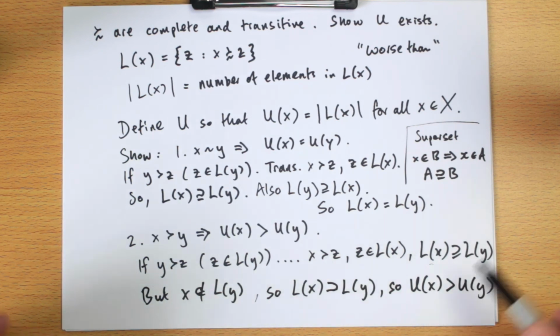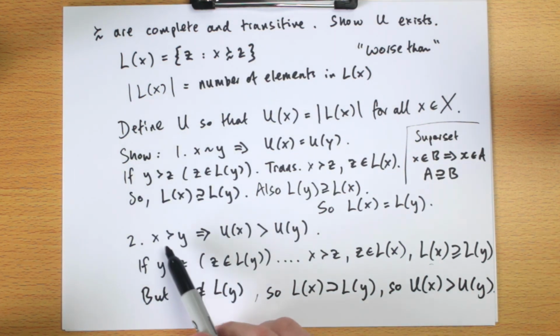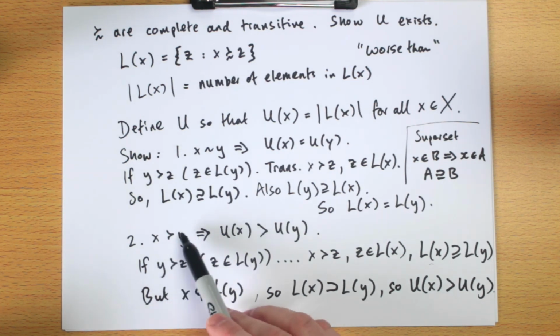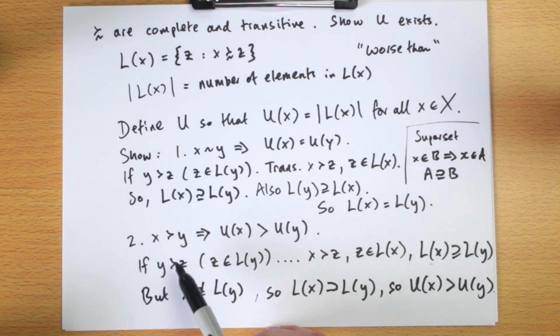Now, I'm just making notes here because I'm struggling for space, so you should write this out more completely than I have. I've just made some notes to give you the idea, but the idea is if x is strictly preferred to y, we're just trying to show that the lower preference set for x is strictly larger than it is for y. Transitivity says everything that's in the lower preference set for y is in the same set for x.